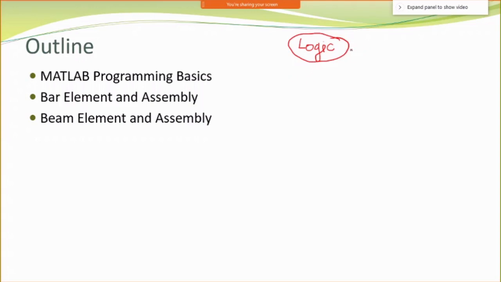In this logic we may have 3 stages. The first stage is you take some input from the user, or you give the input in the program. The second part of the logic is the processing you do using the inputs provided by the user, or from a separate input file.